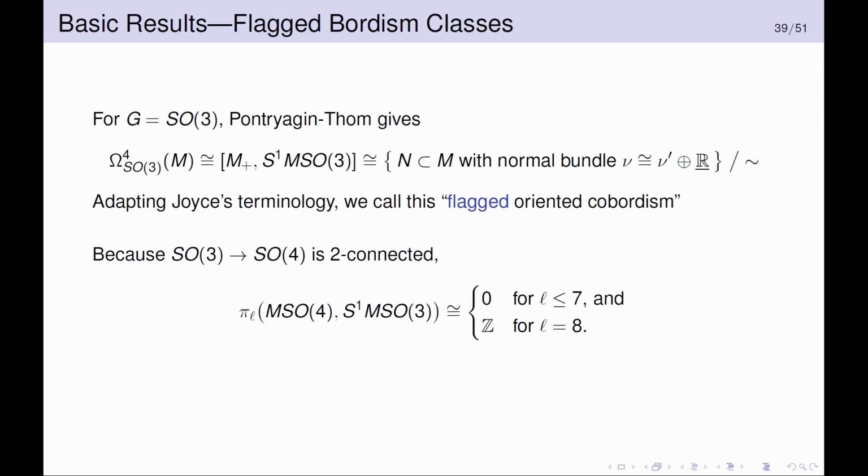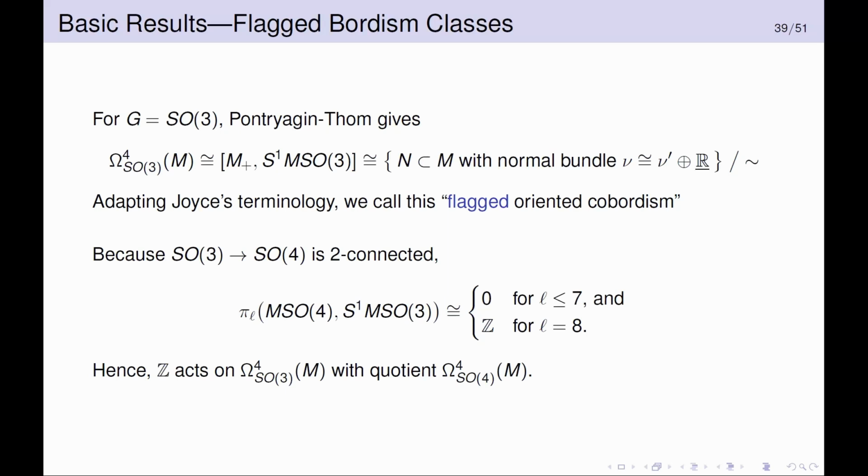And because the map from SO3 to SO4 is 3-connected, we see that these relative homotopy groups that we need for the obstruction theory vanish for all L up to 7 and become the integers in dimension 8. And so we can say that the integers act on this flag-oriented cobordism with quotient MSO4.